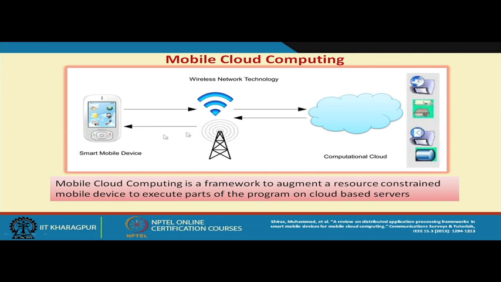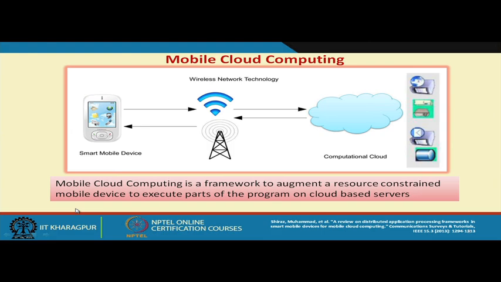So, if we look at it, one end is the mobile devices or smart mobile devices, sometimes abbreviated as SMD, the other end is the computational cloud, and in between we have a wireless network technology provided by the service provider, right. So, mobile cloud computing is a framework to augment resource constrained mobile devices to execute parts of the program on the cloud based servers, right.